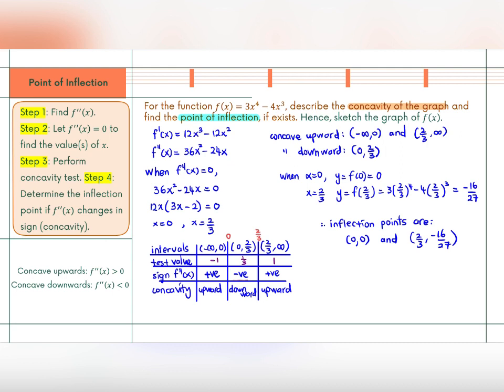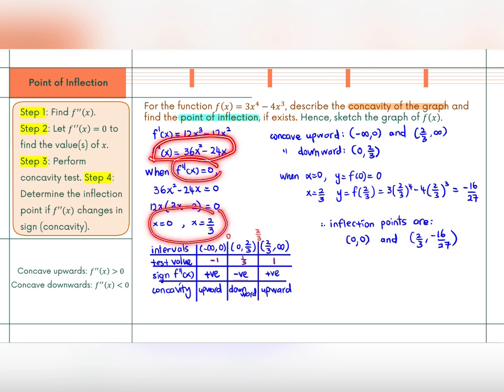Alright, so let's recap briefly the steps to get the point of inflection. To get the point of inflection, we must have the second derivative first. Get the second derivative, and from the second derivative, equate it to 0 to get the value of x.